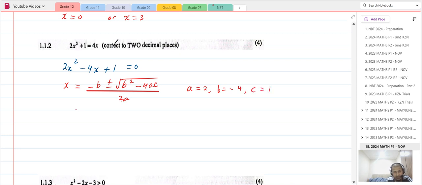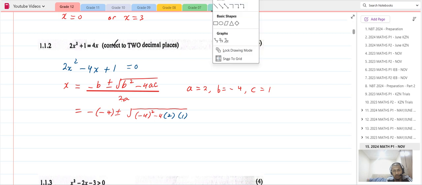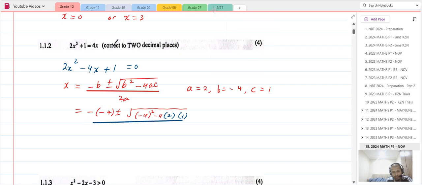So substituting all these values, you're going to get negative 4 plus or minus the square root of b squared, which is negative 4 all squared, minus 4ac. The value of a is 2, and the value of c is 1, all over 2a. The value of a is 2, so let's write it down.